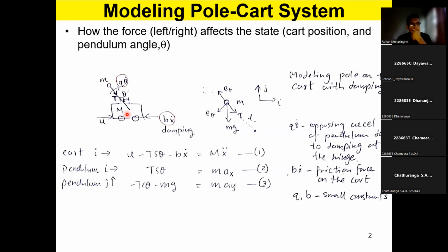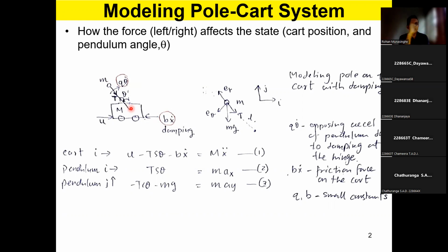Now, when the cart is moving horizontally, because of the friction, you get B x dot. X is the distance. So you get velocity x dot, and in the opposite direction you have the friction, so damping. And also you can see the pendulum is moving like that, rotary motion.